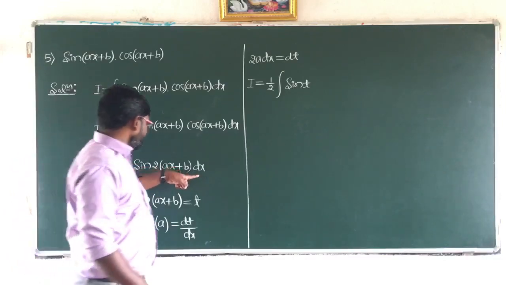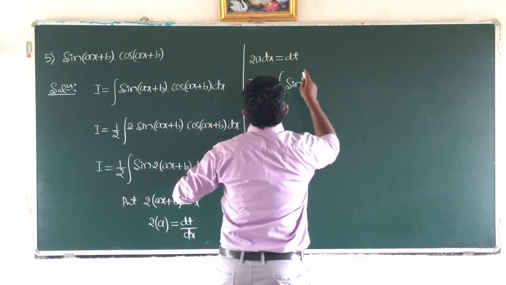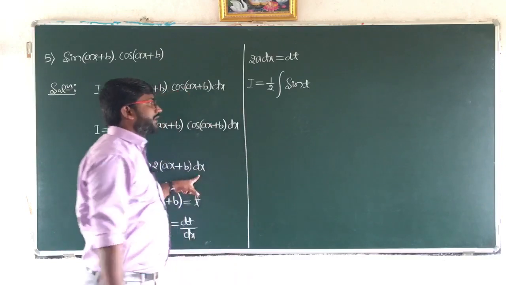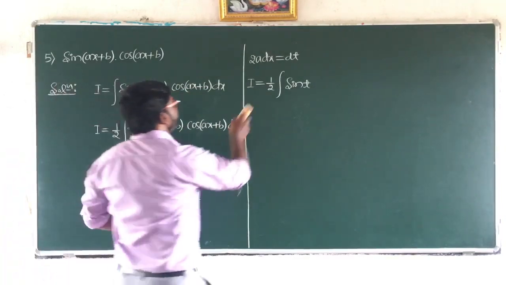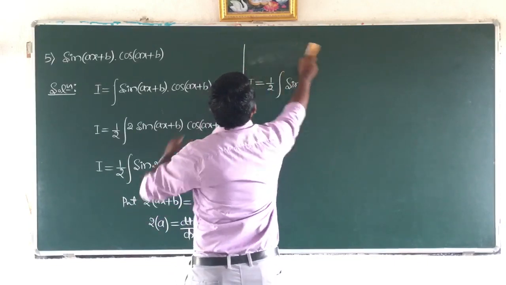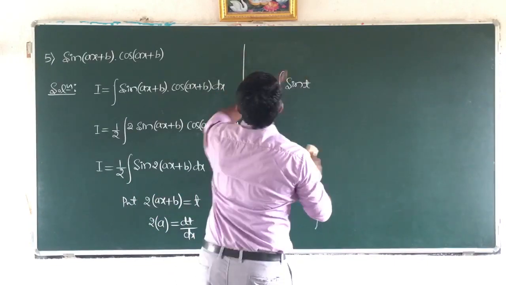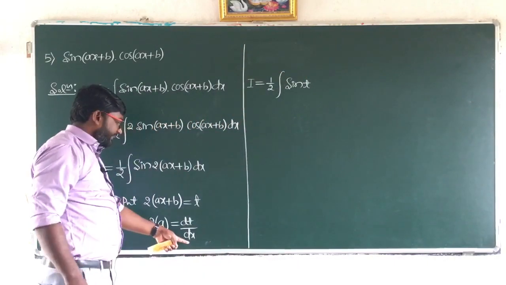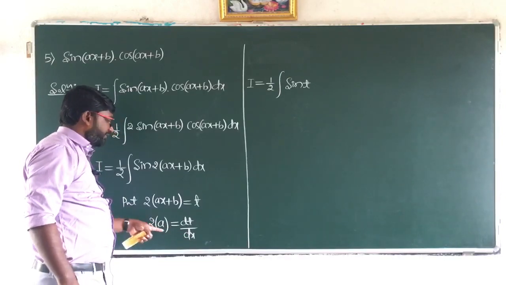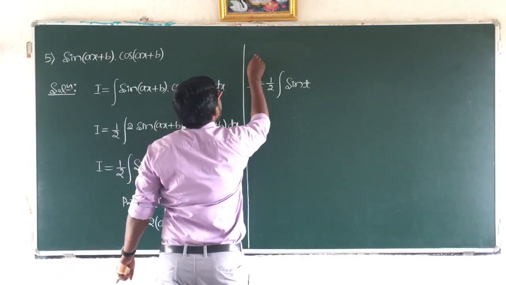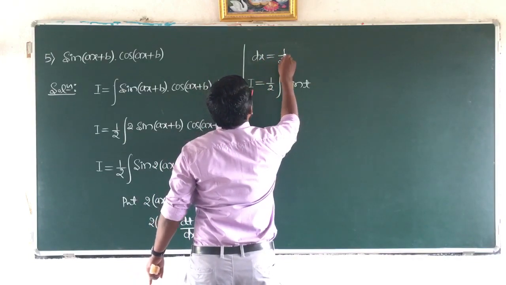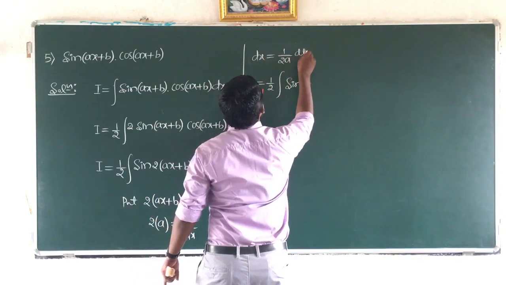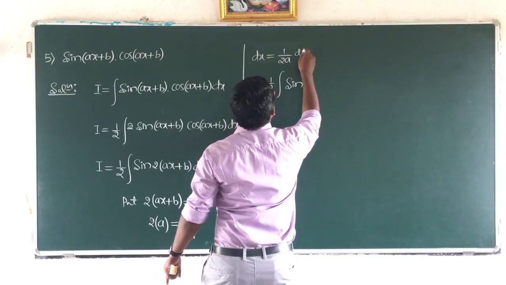So we need dx. That means the dx value will be 1 by 2a dt. See here, we need dx. Take this to the LHS and 2a to the RHS. Dx is equal to 1 by 2a into dt.